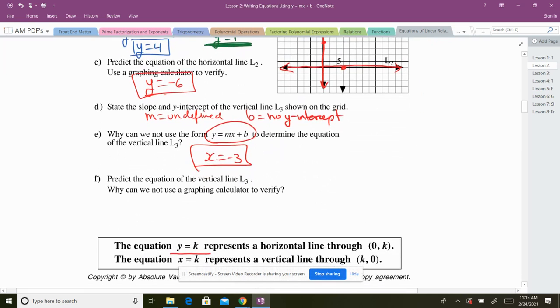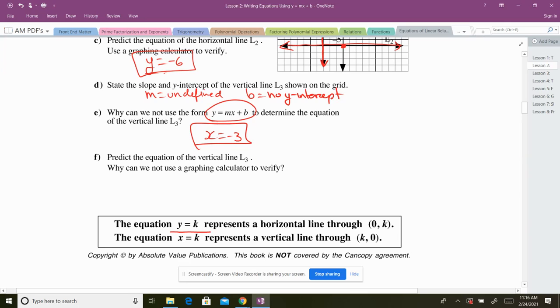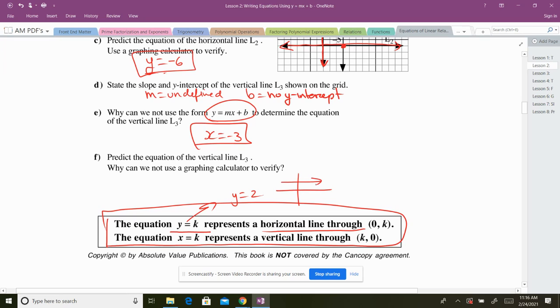So at the bottom of the page, these two right here. Y is equal to k is a horizontal line. k is the constant, any number. So e.g., y is equal to 2. That's a horizontal line at 2.